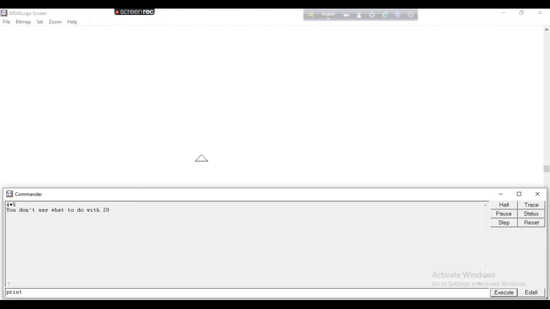If you wish to print it, put the print command and then the numbers, and after that you can also calculate decimal values. Here we are trying 9 into 5.4, and our result is 48.6.